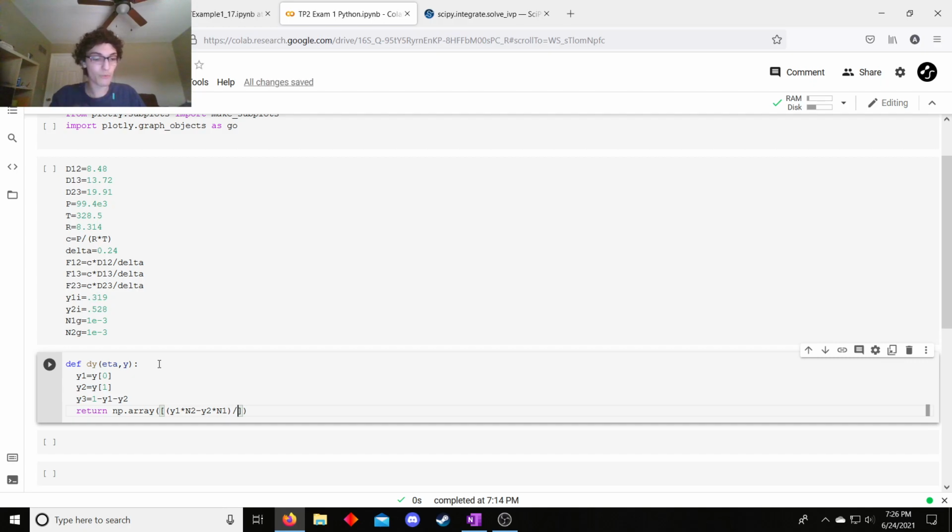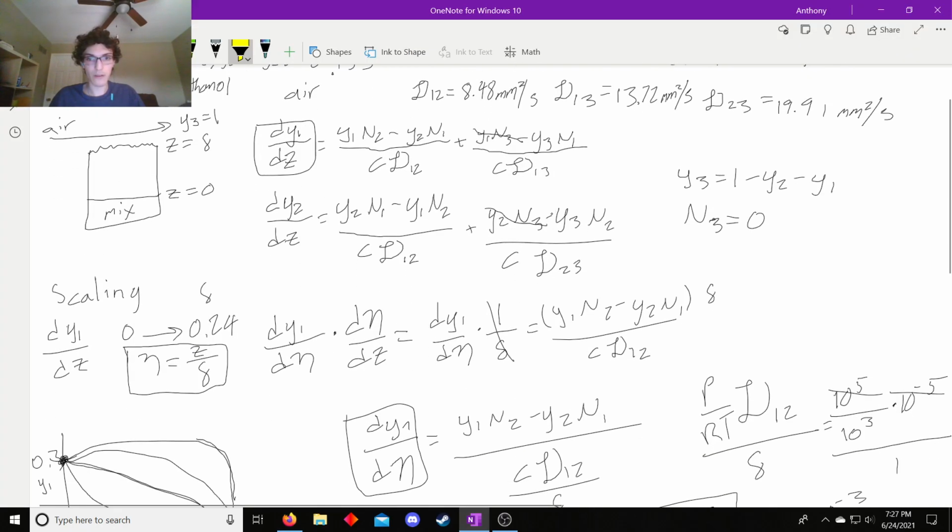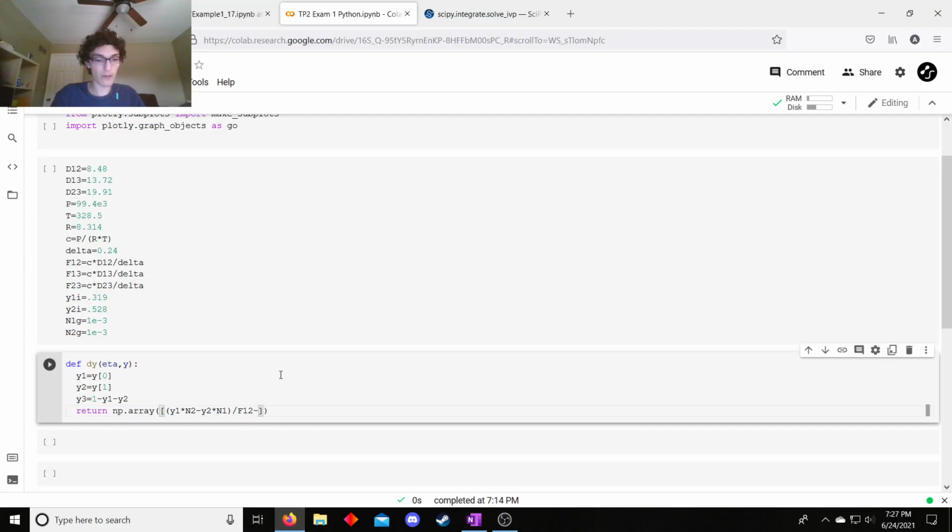Now right here is actually where these F12s come in handy. F12, F13, F23. It just saves us a little bit of typing. And then actually I want to peek over here real quick. Minus y3, so we have y3 times n1 divided by f13.